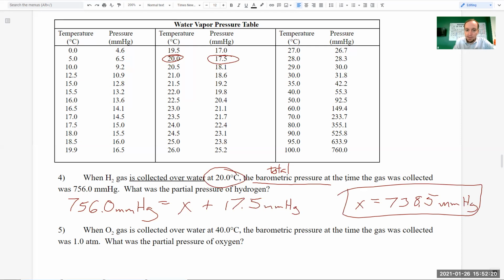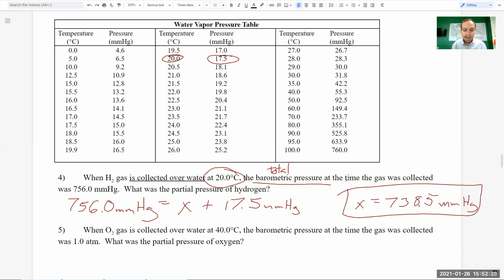Again, that's for the hydrogen. The 17.5 is from the water. Okay, so again, you just have to find the pressure from the water in the table, again, only if it's collected over water.